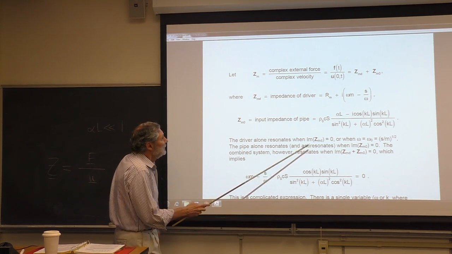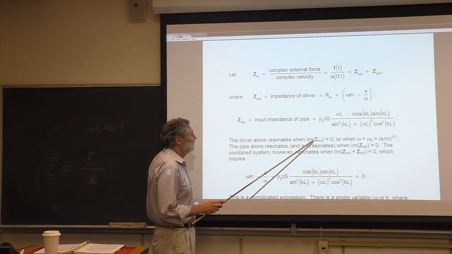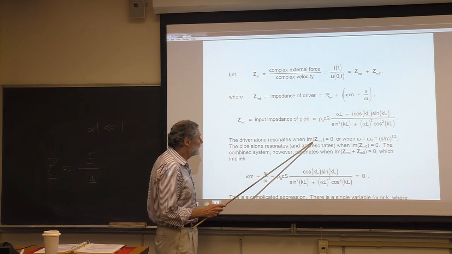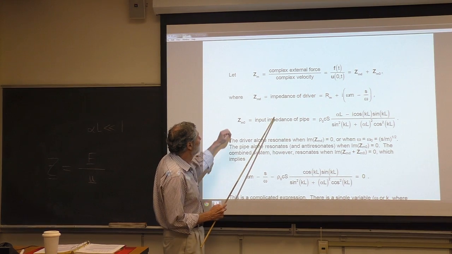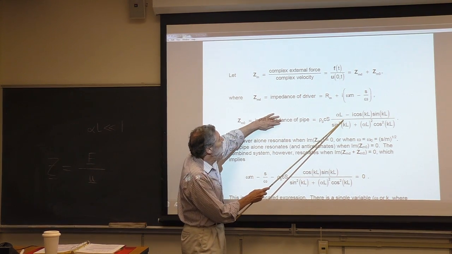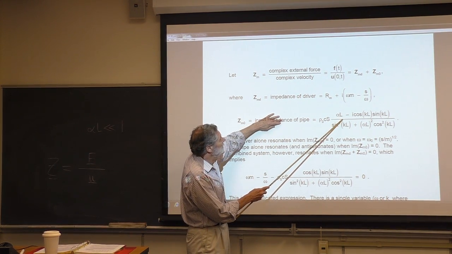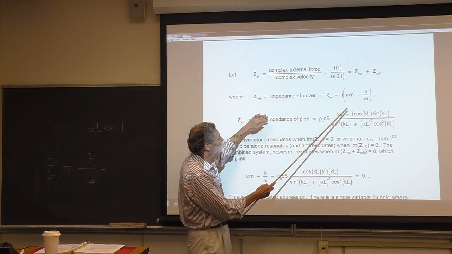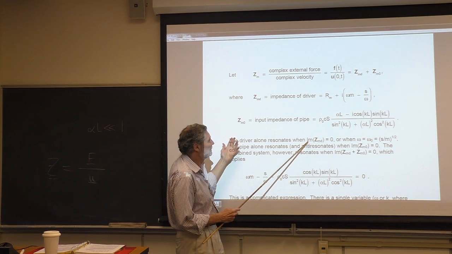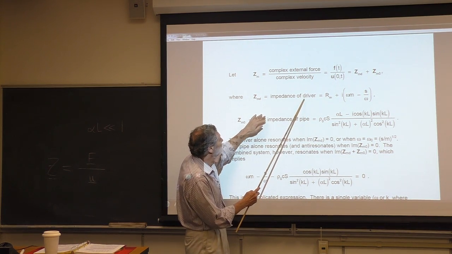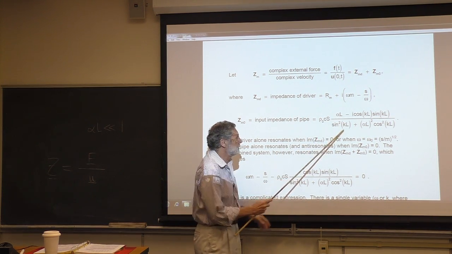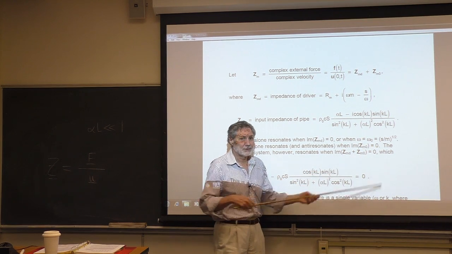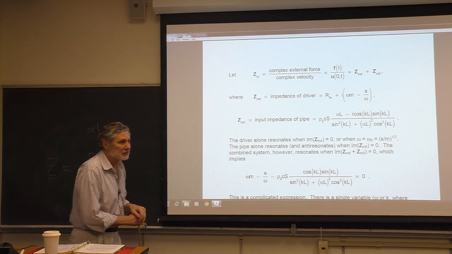Okay. Now, if we just had the driver, with no pipe, resonance is going to occur, and this is from 3119, where the reactance of the driver is equal to 0, and it's just going to be the usual square root of the stiffness divided by the inertia.